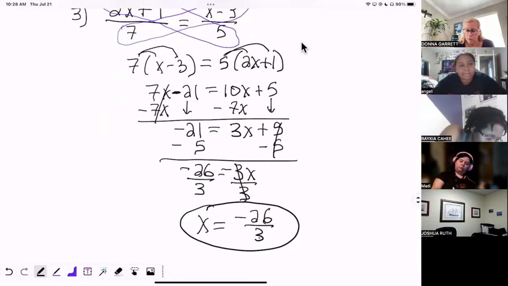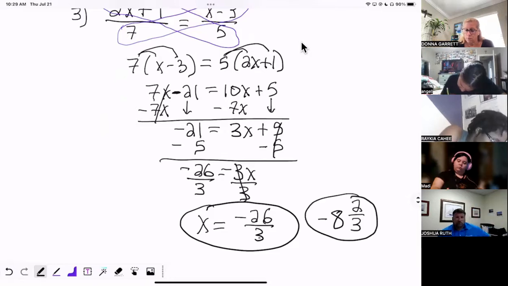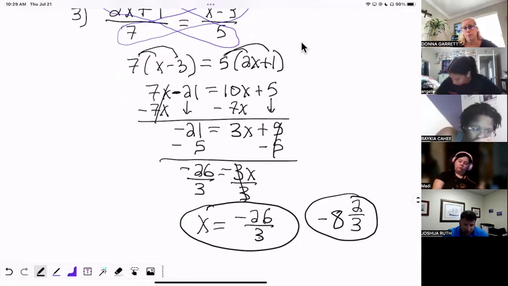how many 3s go into 26? 8 times 3 is 24, so negative 8. How many are left over? 2 out of 3. That would be your mixed number. That would be your improper fraction. It depends on what they ask you for. They could also ask you for decimals, and then you would divide them like we just did last chapter. And this would be a repeating decimal, this one.